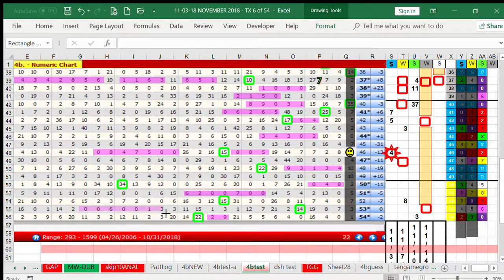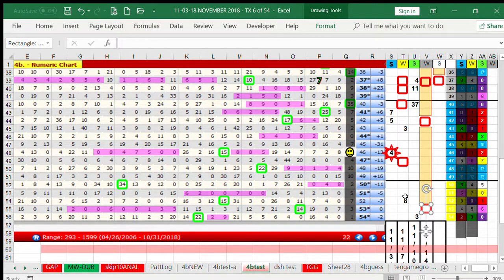So this 53 had a pretty big streak back here. It was a pure flag. And you can see already this 53 is not a pure flag. It already has a skip of 8, it has a skip of 7, but it could switch into a pure flag, and now it's at skip 6, so that's why I picked the 53.